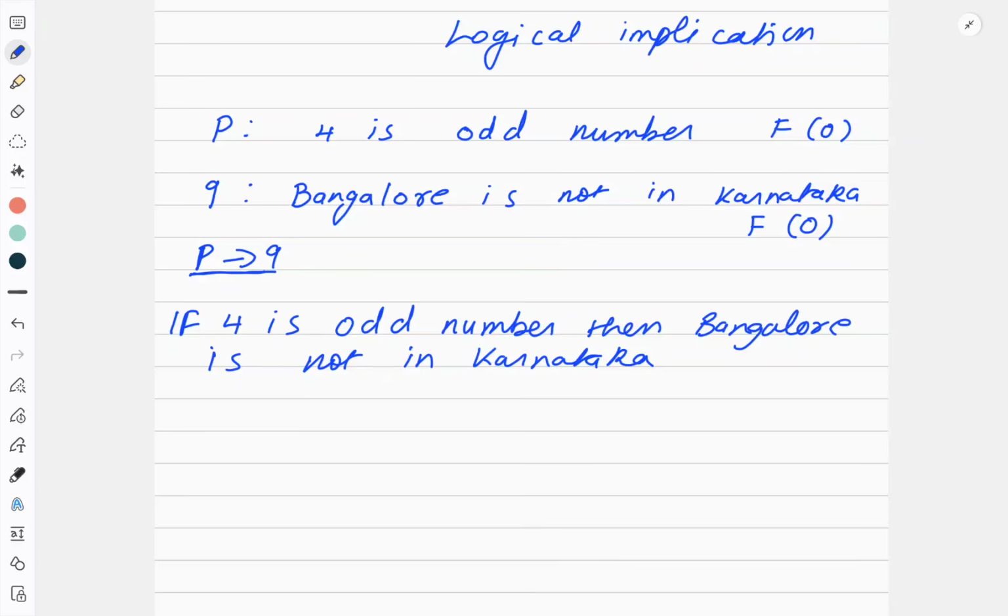Right? If 4 is odd number, then Bangalore is not in Karnataka. Now, first of all, the basic thing I should think is that whether Bangalore is in Karnataka depends upon 4 being odd. So basically it makes no sense.